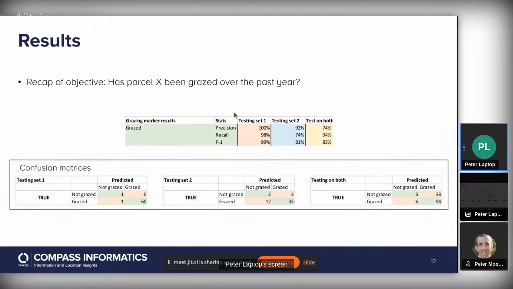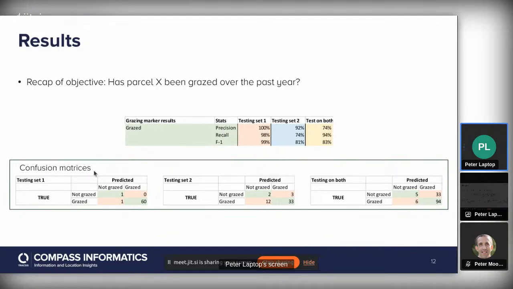So not only the ones in perfect conditions, which had been used in the training set, which resulted in a lower precision and recall. And then tested on both resulted in an even lower precision and recall, which may signify that the training set needs to be increased to include more diverse types of grasslands.